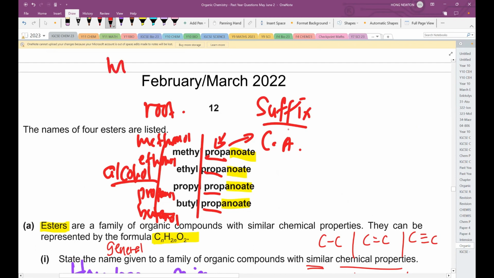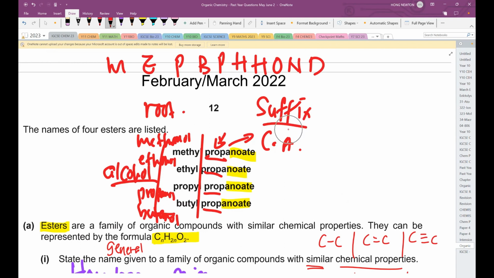Root means: Mama eat papaya, but Papa has his orange next door. Meth, eth, prop, but, pent, hex, hept, oct, non, dec.